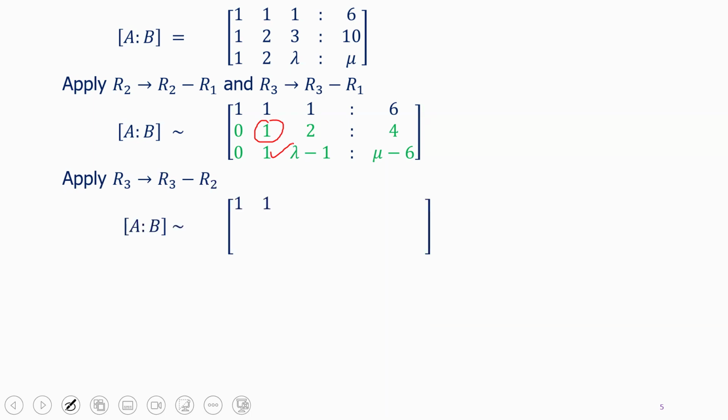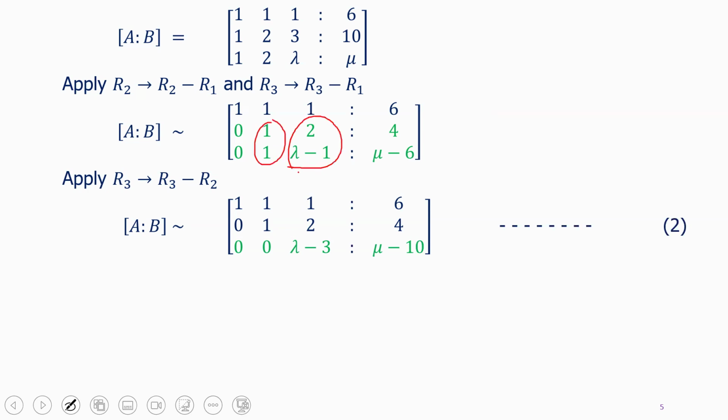Then the reduced matrix will be 1, 1, 1, 6, 0, 1, 2, 4, and 0 minus 0 is 0, 1 minus 1 is 0, lambda minus 1 minus 2 is lambda minus 3, and mu minus 6 minus 4 is mu minus 10.